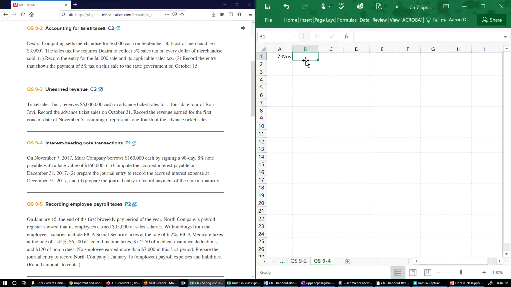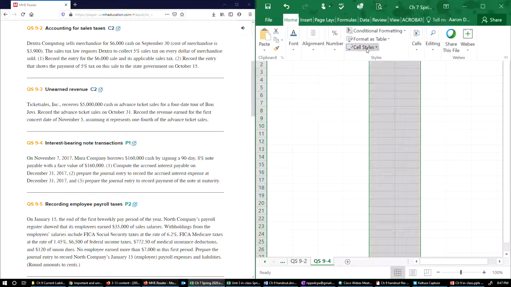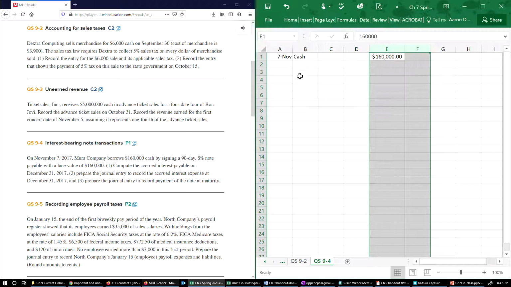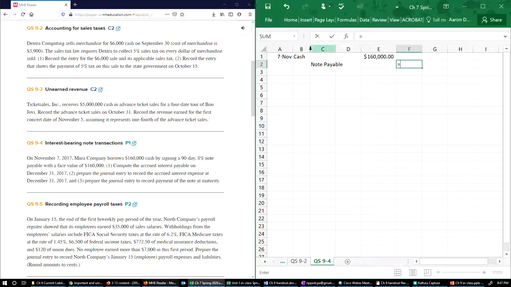So Mira Company borrows, which means they're getting cash, $160,000. And in exchange for that, assume or make a note payable. So that's what happens November 7th.